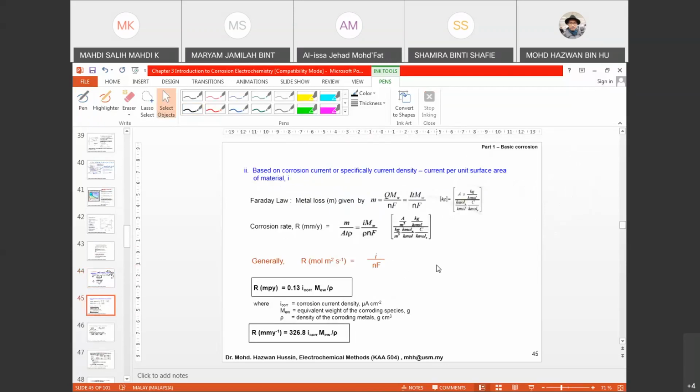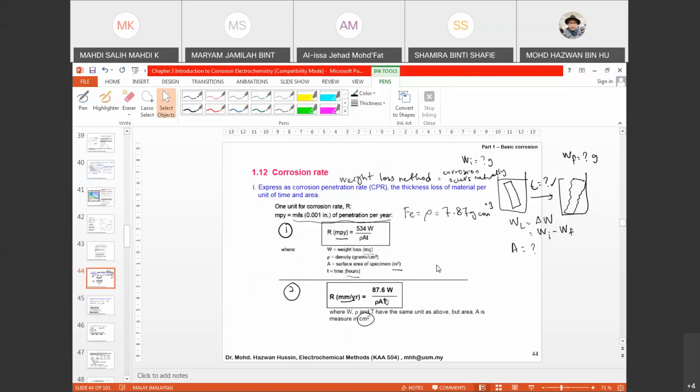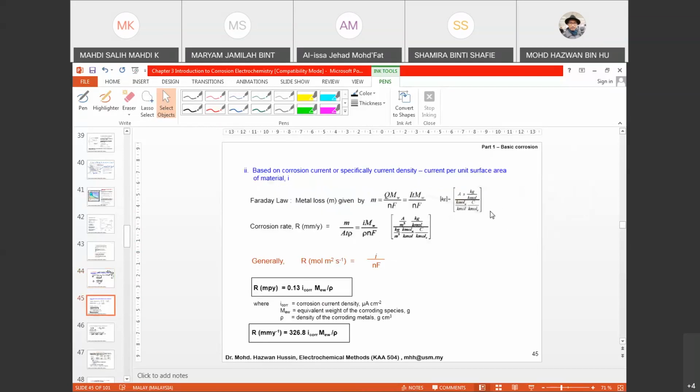So far, if you use formula 1 and 2, you cannot relate current or other electrochemical terms into your calculation. So far, it's always related with the weight loss, area, time, the duration of your dipping, and so on.